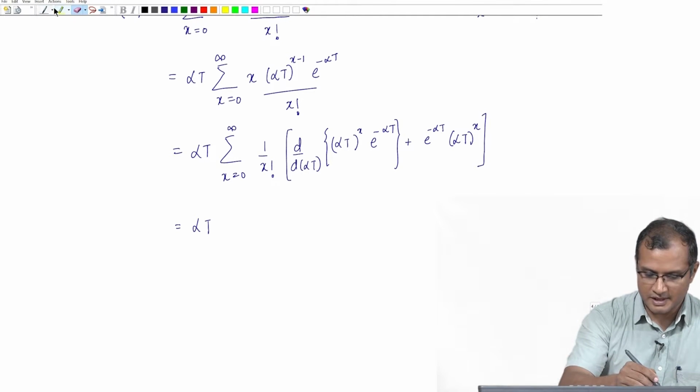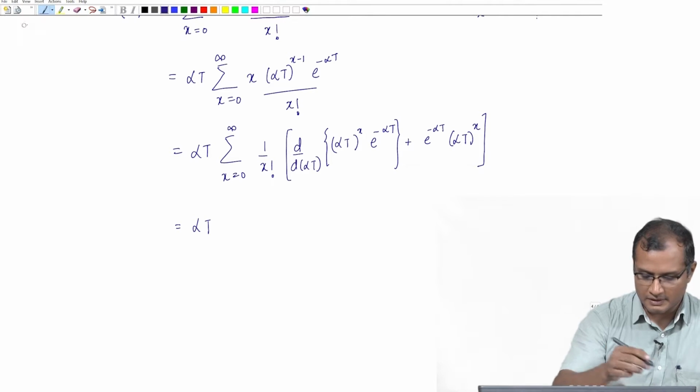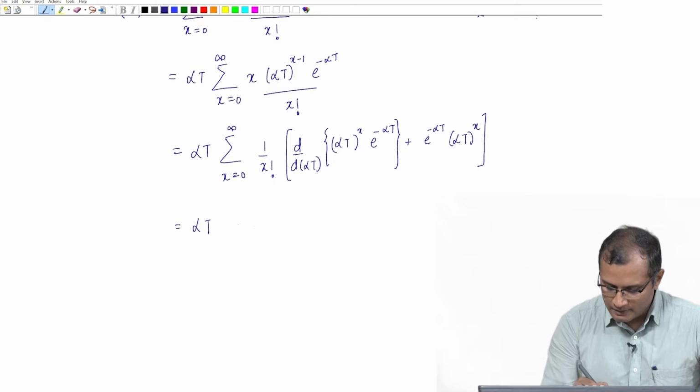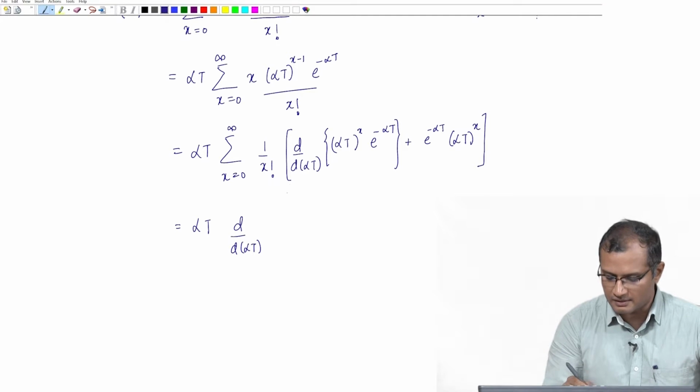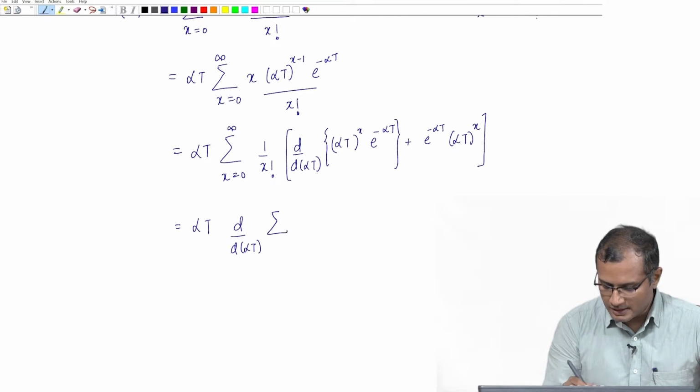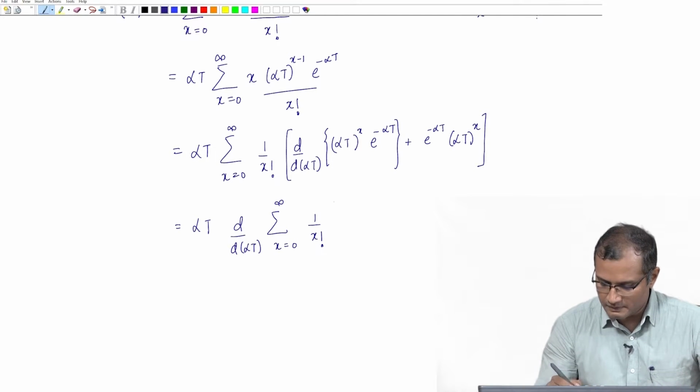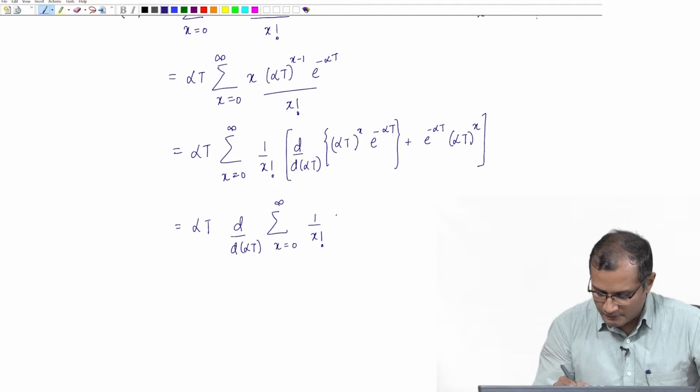So, let us keep the alpha t outside, and I am going to take d over d alpha t outside, because alpha t and x are independent, and I will say x going from 0 to infinity 1 upon x factorial into alpha t.